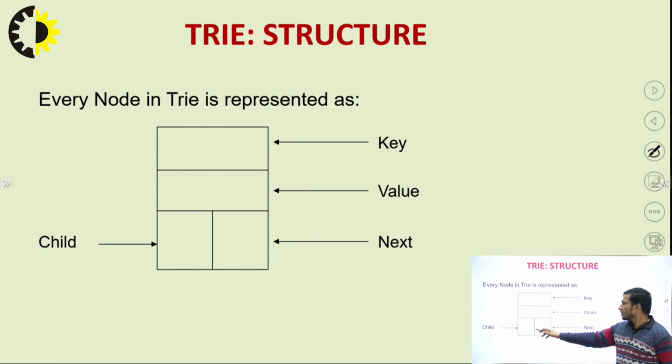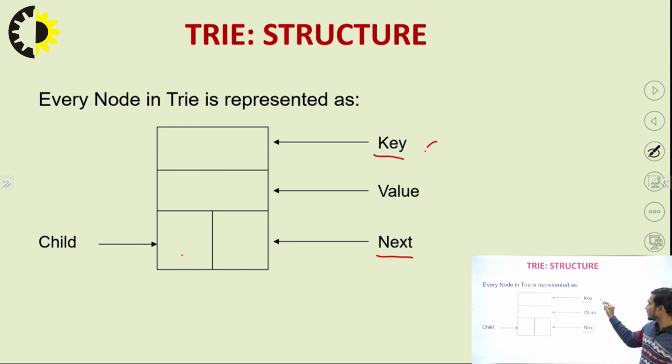Then we have a pointer to child, and a pointer to next. We can say this next is the right sibling, and this child is the left child also, and this key is basically a key character, a single character from the key.